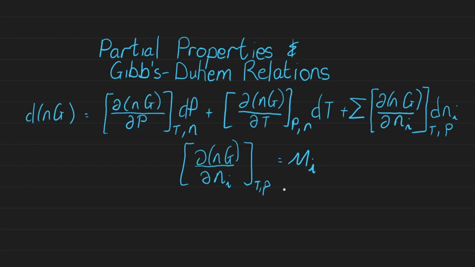Because what we can now do is realize that we can write this relationship, what we call the fundamental property relation, not just for the Gibbs energy, but for a whole host of properties, or rather energies. For example, the internal energy, the enthalpy, the Helmholtz free energy, and also the Gibbs energy.